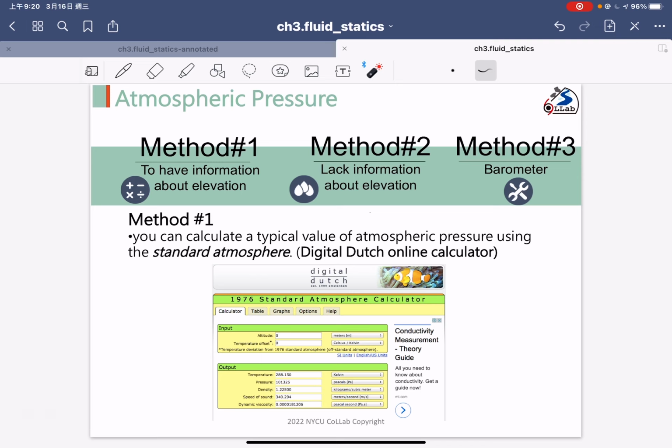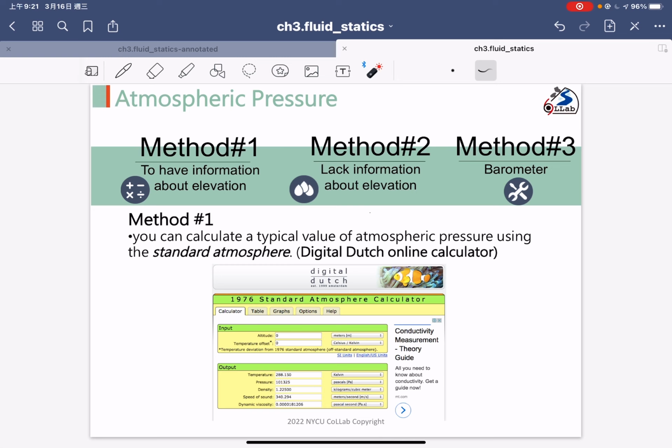So totally we have three methods, and the three methods showing here you can double check by yourself. Method one: you can Google digital online calculators, and then you can put in the altitude. The altitude indicates the elevation relative to sea level.